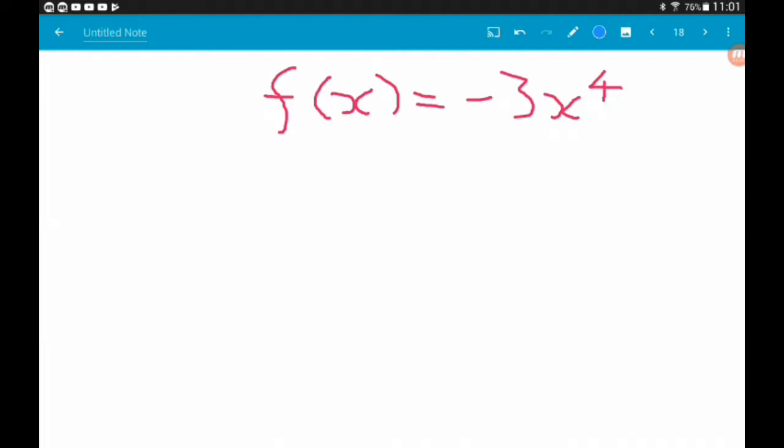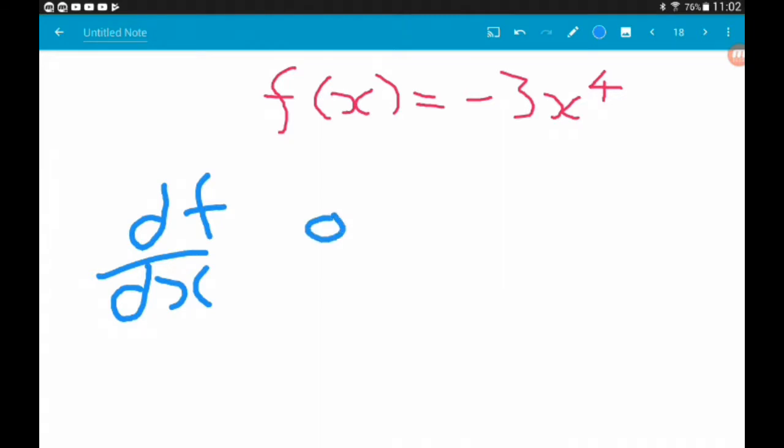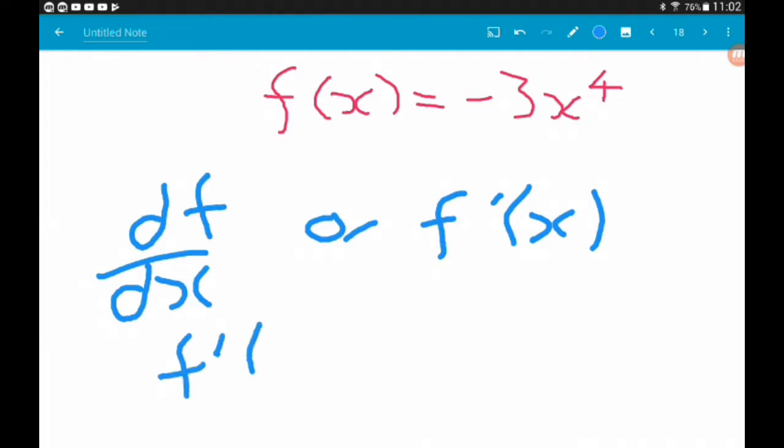Next up, f of x is minus 3x to the power 4. So here we would either say df by dx, or we could say f dashed of x. Both things are exactly the same, so I'm going to roll with f dashed of x.